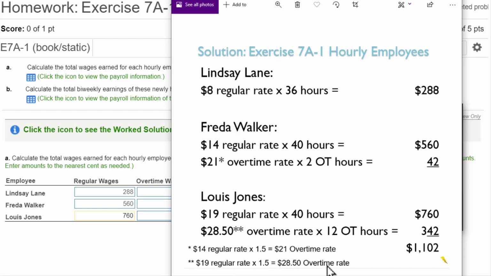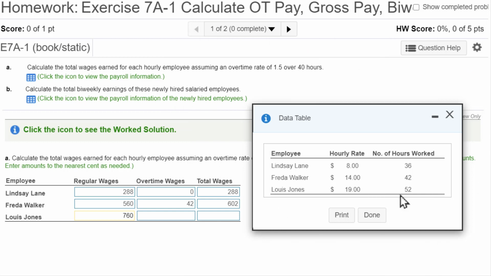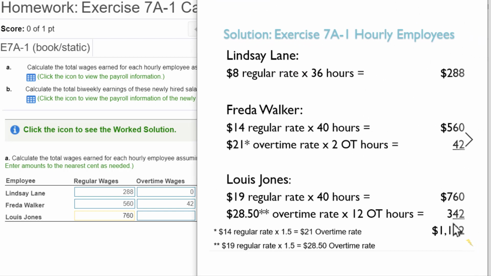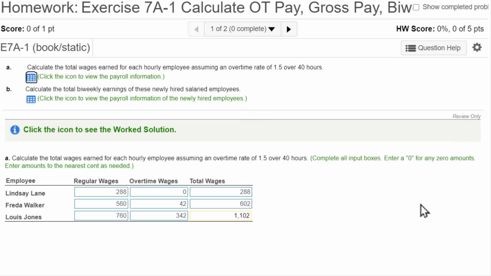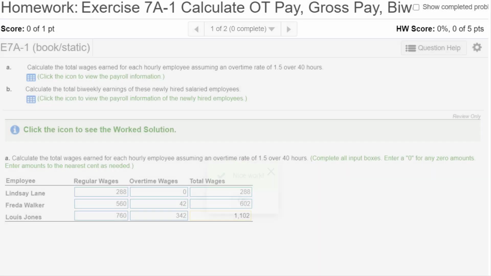We then multiply that by the 12 overtime hours. How did I get 12 overtime hours? 52 hours minus 40. So Lewis's overtime pay is $342. We add 760 plus 342, and we get 1,102. I'm going to check my answer. You can't see my check my answer button.